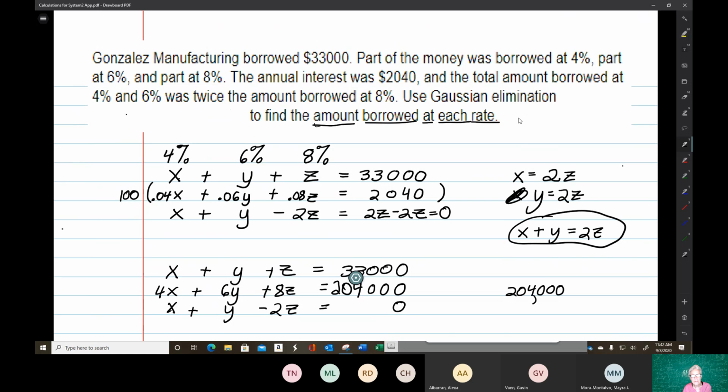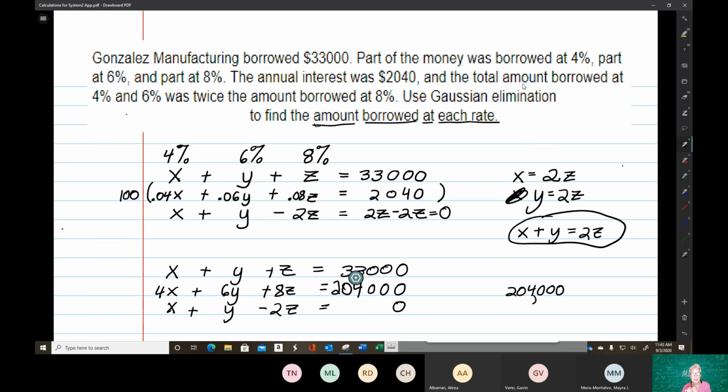But I'm more and more sure that this is the total amount borrowed at 4 and 6. I'm pretty sure we did it right, but I'm not 100% sure. So what we both need to do is when we get to this problem in the book, sneak a look at, show me an example, and see how they translated it.